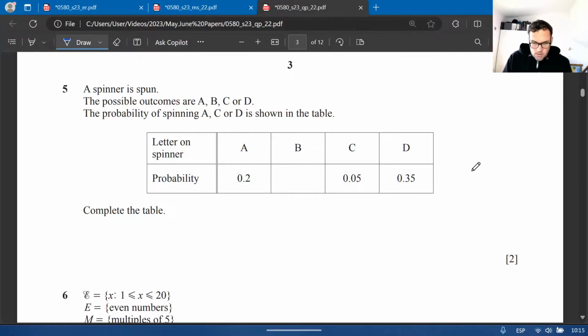What they want to test is if you know that all probabilities add up to 1 if it's in decimals and fractions. If it's a percentage, it adds up to 100%.